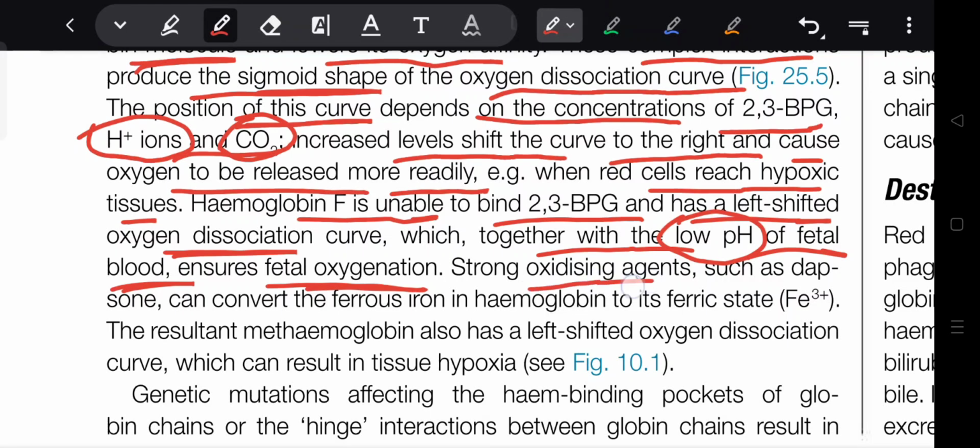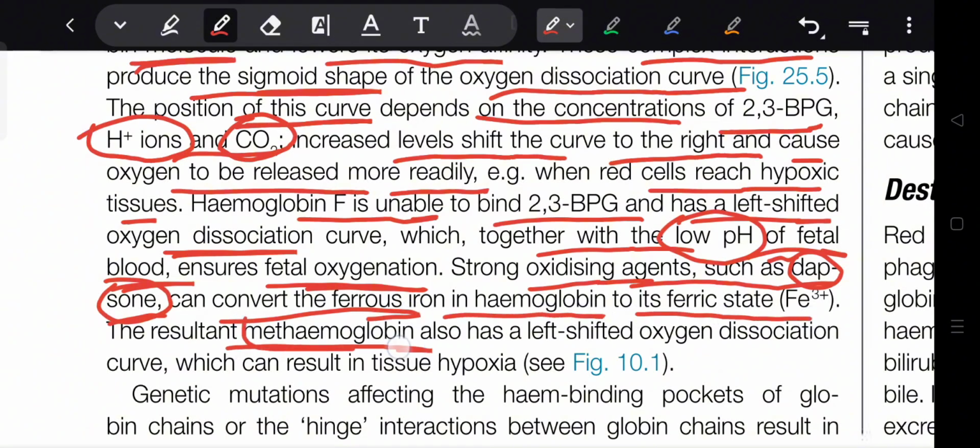Strong oxidizing agents such as dapsone can convert ferrous iron in hemoglobin to its ferric state. The resulting methemoglobin also has a left shifted oxygen dissociation curve, which can result in tissue hypoxia.